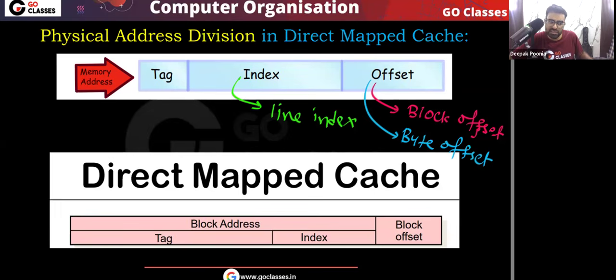But if the question says explicitly that main memory is word addressable, then we need to consider it word addressable. If the question does not explicitly say so, then always we need to consider that main memory is byte addressable. So this offset you can also call byte offset or block offset. Very simple. And this is the tag and this is the line index.